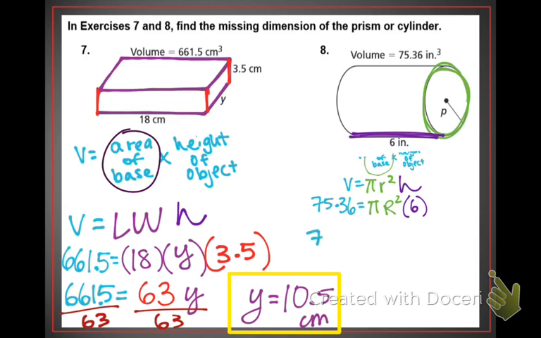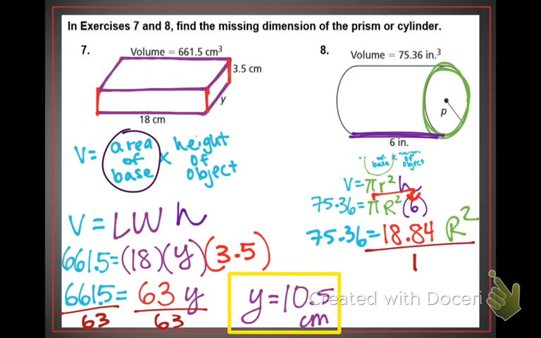So we're going to multiply. Go ahead and multiply for me pi times 6. What do we get? We get 18.84 r squared. All right, so what do we do next, y'all?